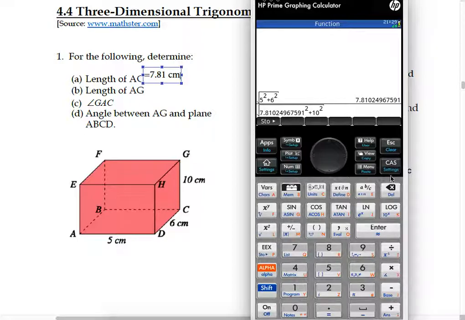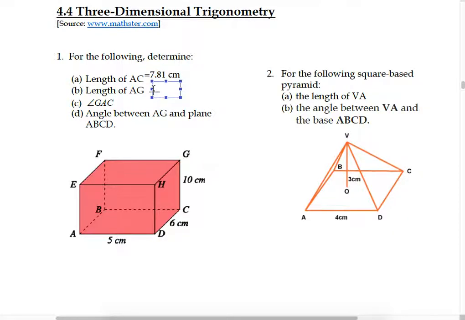With this handy calculator, it's very easy, right? The answer is 12.6888 and so on. To 3 significant figures, that's going to be 12.7 centimeters.